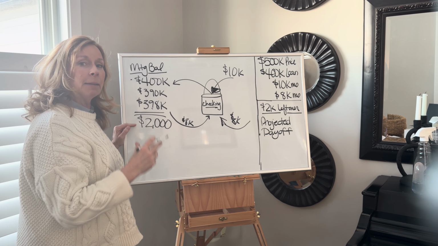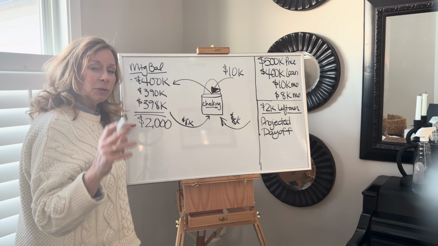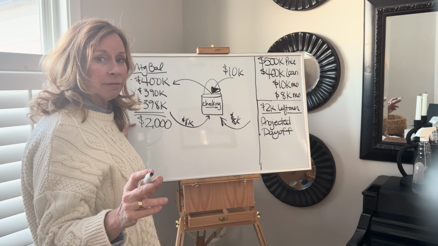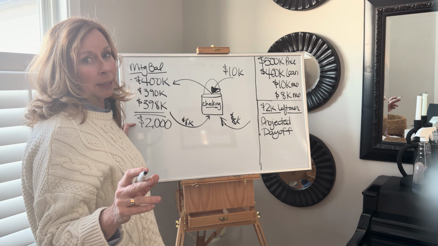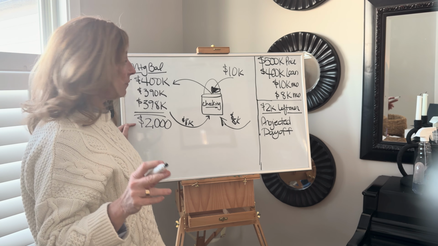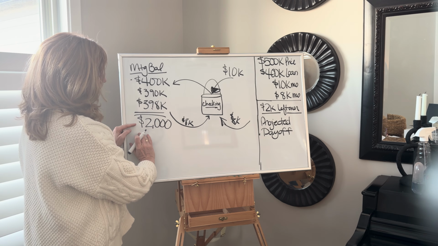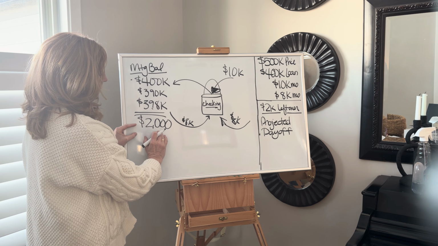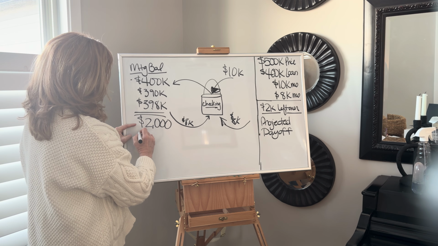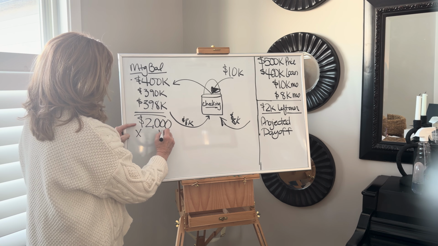Now take that time over time over time, and you'll see how you can pay this loan off substantially quicker than a 30-year loan. We'll talk about that in a second. So we've got $2,000 that we've reduced the mortgage balance now. Let's do that over 1 year's time.